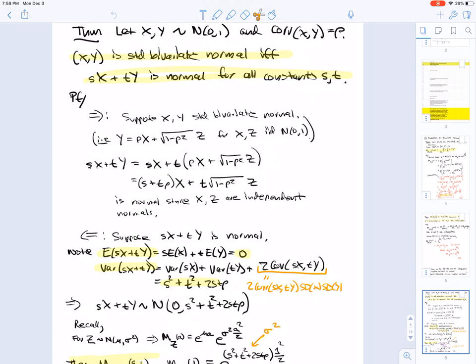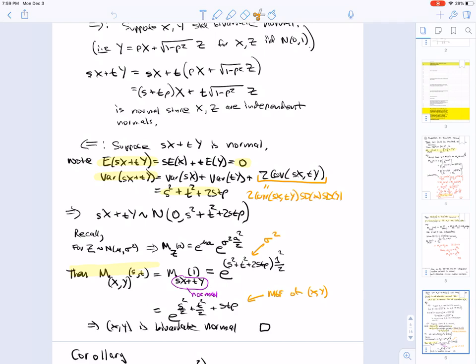If XY is standard bivariate normal, then we can just substitute what Y is into sX plus tY to see that we get an expression that's a linear combination of X and Z, and we know that a linear combination of independent normal random variables is normal.